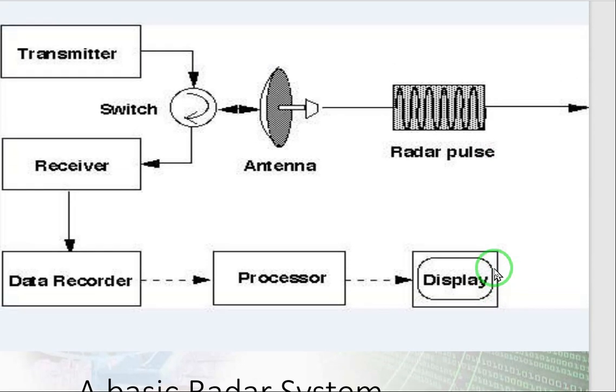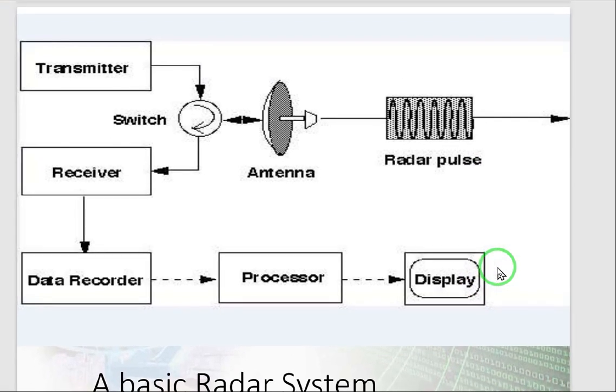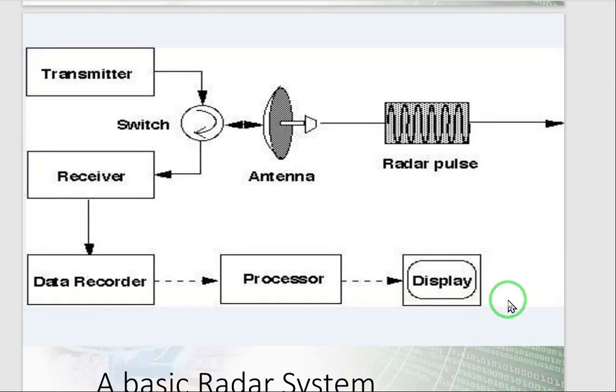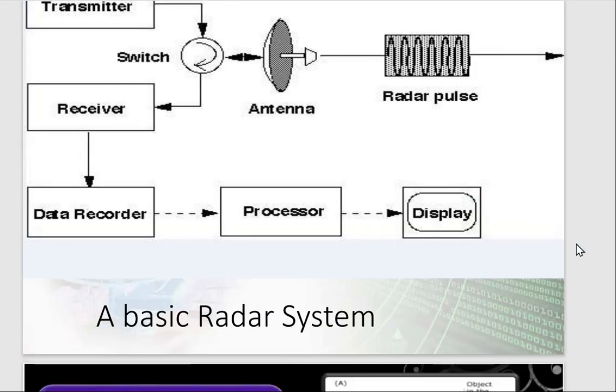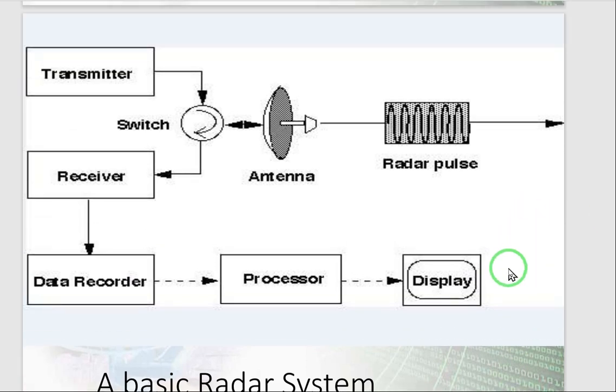A basic radar system. We have a transmitter and a receiver here, and there's a switch between the transmitter and receiver. If the signal is being transmitted, the switch is towards the transmitter, and if the antenna is in the receive condition, the switch is on the side of the receiver.